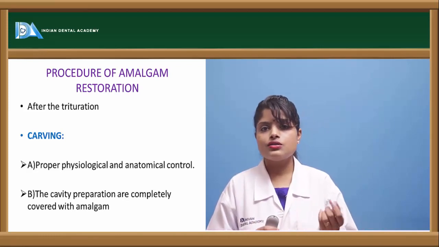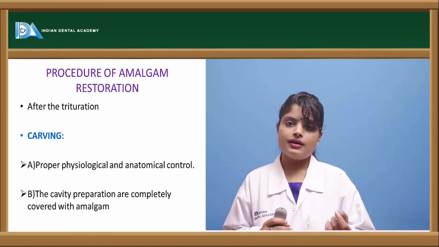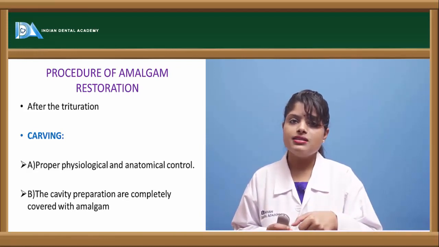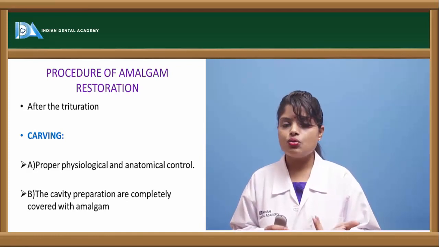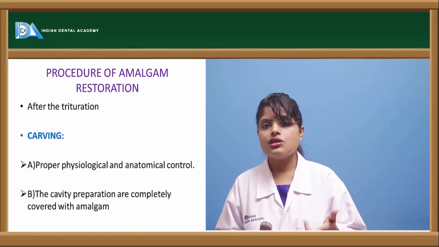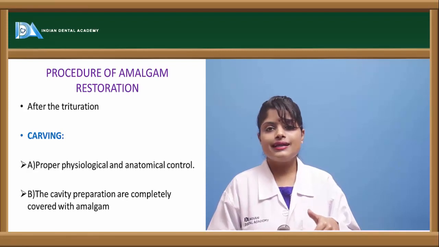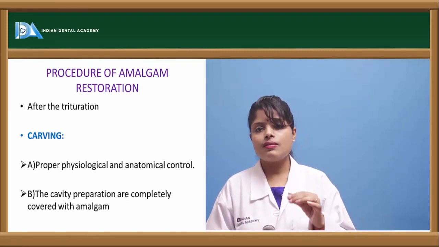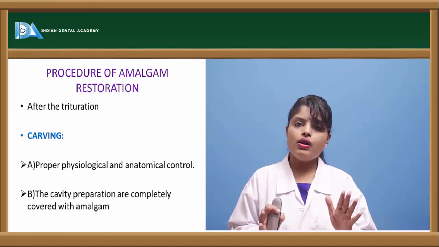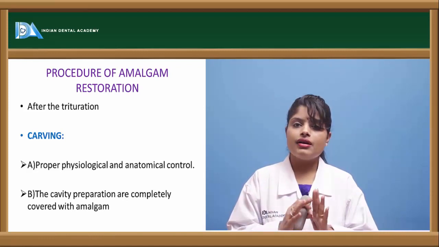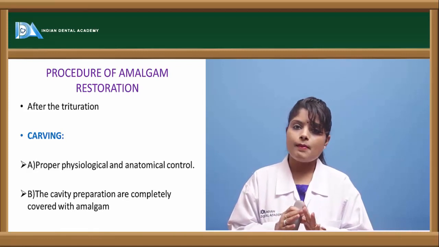The final mass, which is condensable, is obtained and is carried to the oral cavity by means of the amalgam carrying instrument or the amalgam syringe, and it is inserted into the cavity, and finally it is condensed by means of an amalgam condenser, so that all the walls of the cavity are in contact with the amalgam.